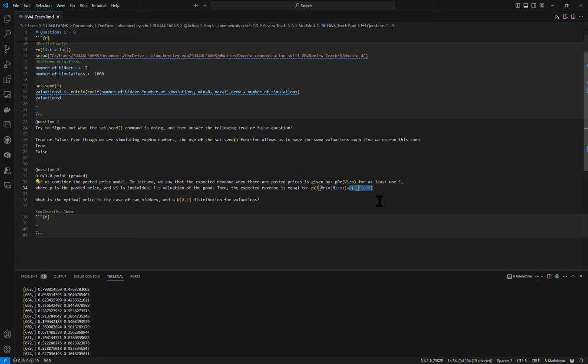So let's get started in R and see how to implement that. For this, we need to load two libraries here. Then we need to define the function f such that the function is this.